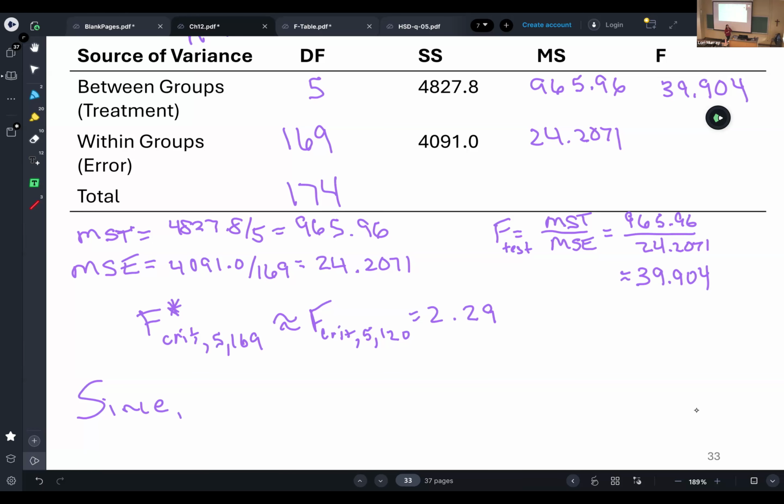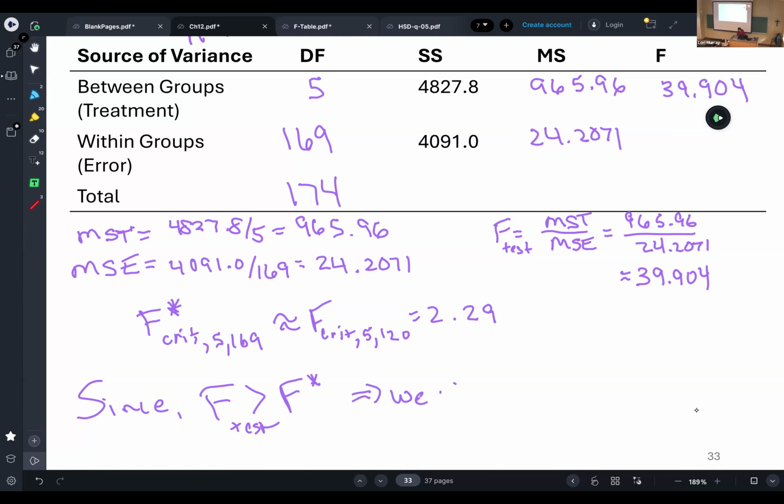Those are the focus. The number crunching is sort of the in-between, right? So it's larger than the critical. So what do we conclude? That there is a difference. Yeah, we're going to reject.